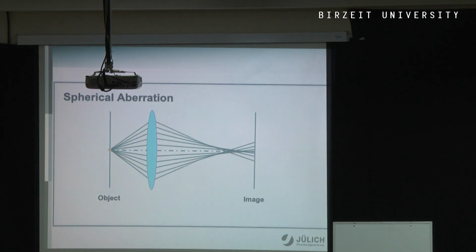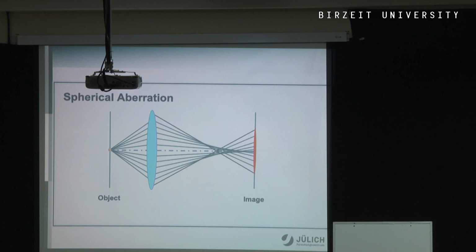And the lowest order of spherical aberration describes how electrons which travel at different distances from the optic axis have different focal lengths. So a point on an object in a sample is no longer imaged as a point on the detector, but as a blurred region.